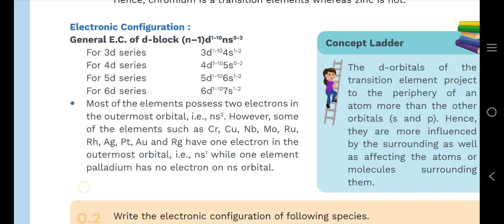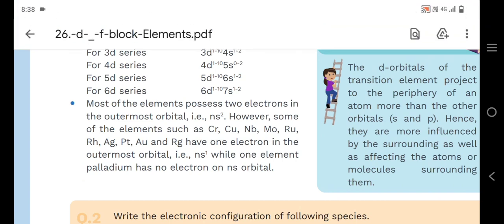Most of the elements possess 2 electrons in the outermost orbital, that is ns2. However, some of the elements such as Cr, Cu, Nb, Mo, Ru, Rh, Ag, Pt, Au and Rg have 1 electron in the outermost orbital, that is ns1, while one element, palladium, has no electron in the ns orbital.